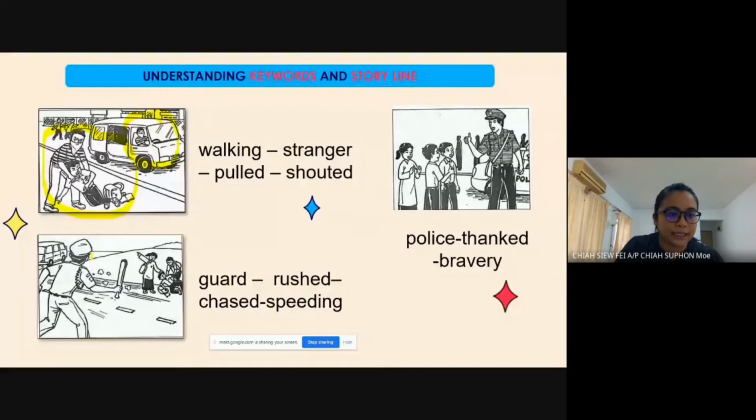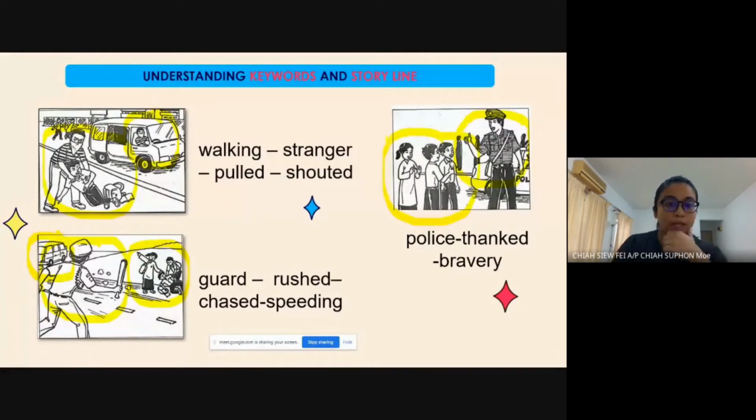Then in the next picture, we have a new person coming in, and we see that a van is speeding away, and also another scene here, three schoolgirls and two schoolboys. And finally we have another new character coming in, a police officer, and also the three pupils from just now.